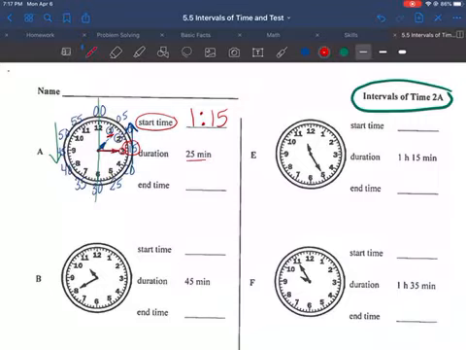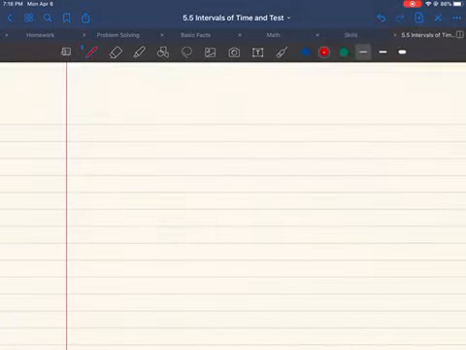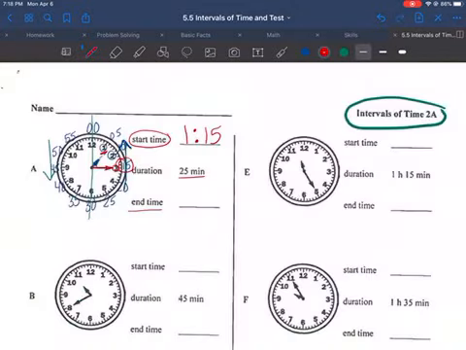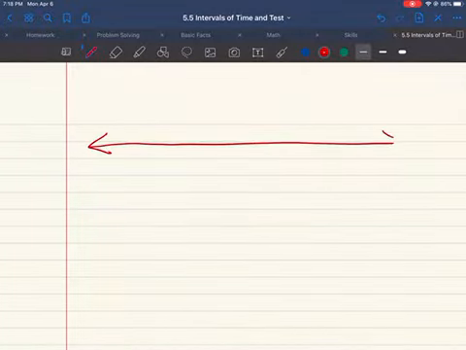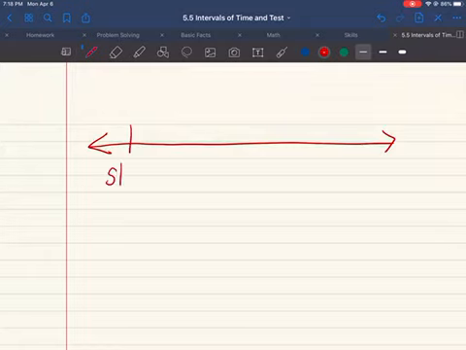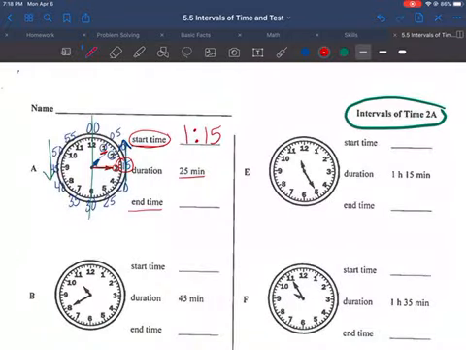Now, if you notice, this one's different because for this one, they are giving me the duration and they want me to find the end time. Okay, so I'm going to go ahead and grab another sheet of paper. I like to have space for my work. And I'm going to document the start time, which was 1:15. So this is my start, 1:15.